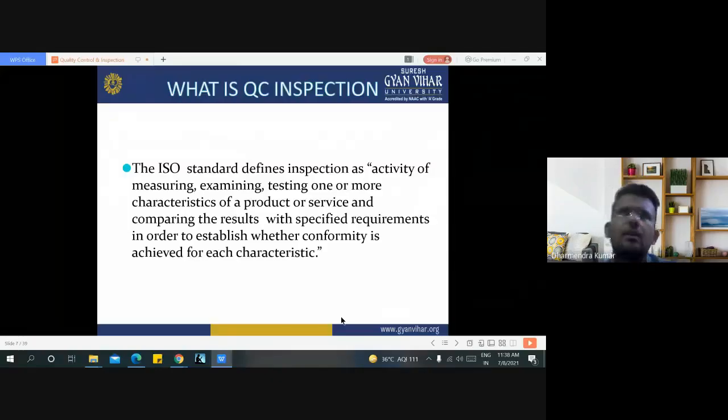So it is the activity of measuring, examining, and testing the characteristics of a product which we decided earlier.